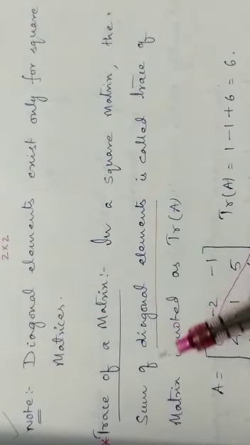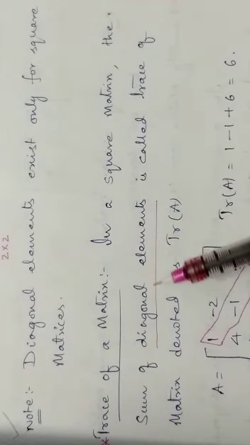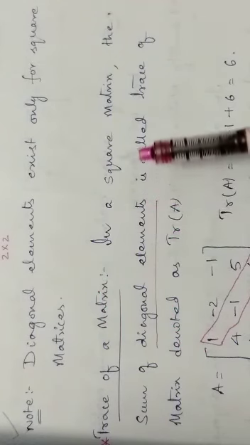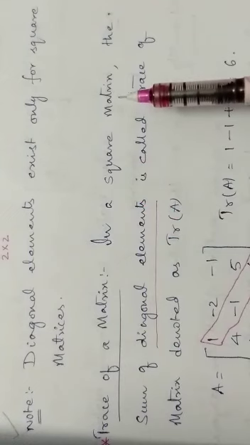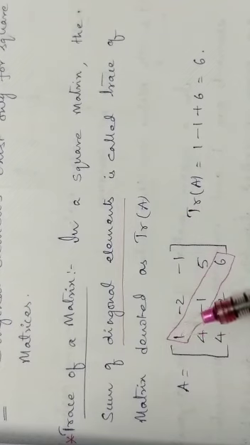Sum of diagonal elements is called trace. Right. We go to the next definition.